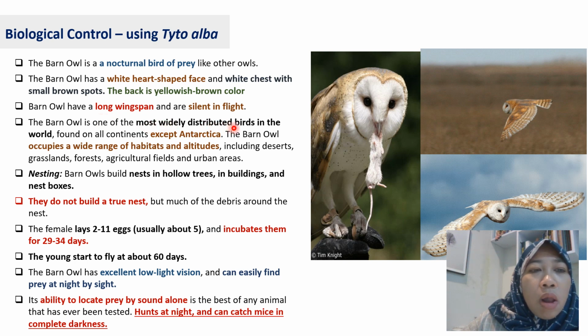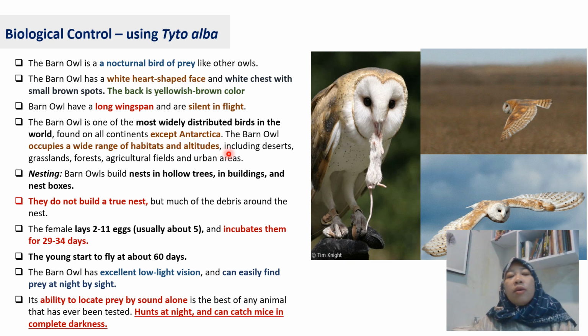Distributed all over the world except Antarctica. It can occupy a wide range of habitats and altitudes, including desert, grassland, forest, agricultural field, and urban area. So the adaptability of the barn owl is quite high, and they can prey on the rat.